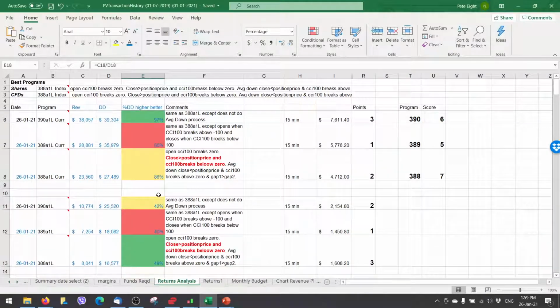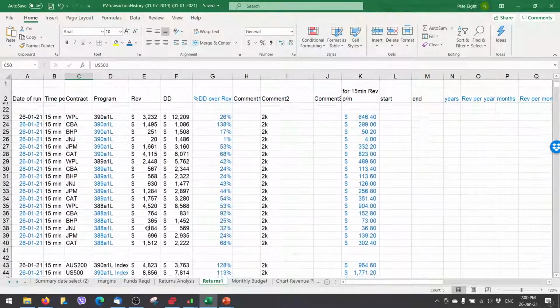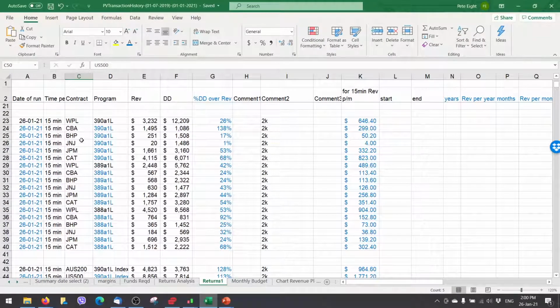Now what I've done here as well, I've run these same programs, one over the indexes: the Aussie 200, the US 500, the China index, Germany's DAX, etc. This one was done over a sample set of companies, such as Commonwealth Bank, Caterpillar, Woodside Petroleum, the other companies there, Woodside, CBA, BHP, Johnson & Johnson, etc. So just a handful of companies.